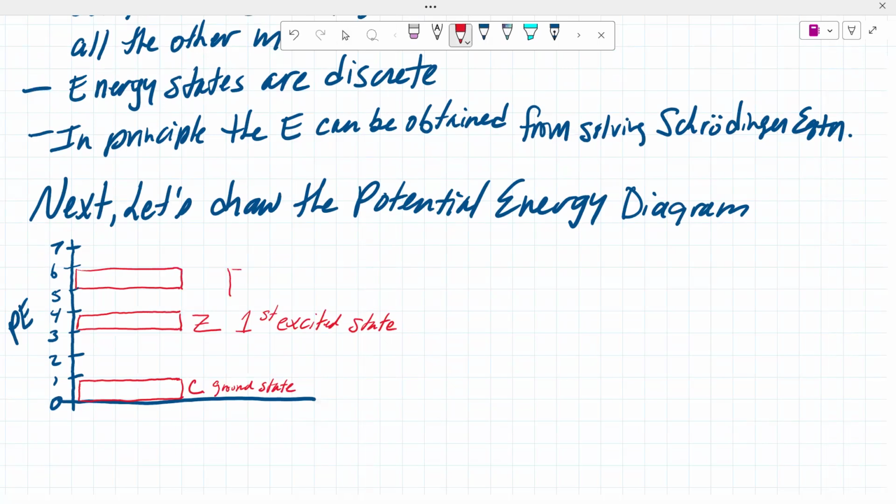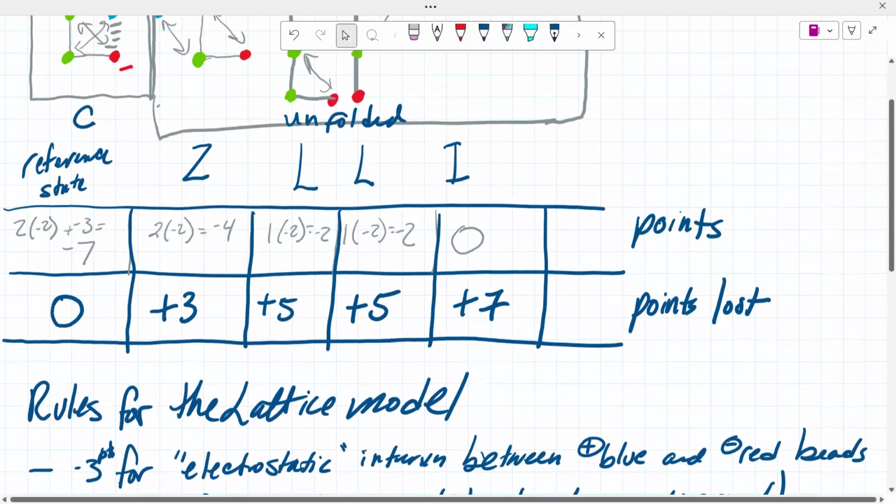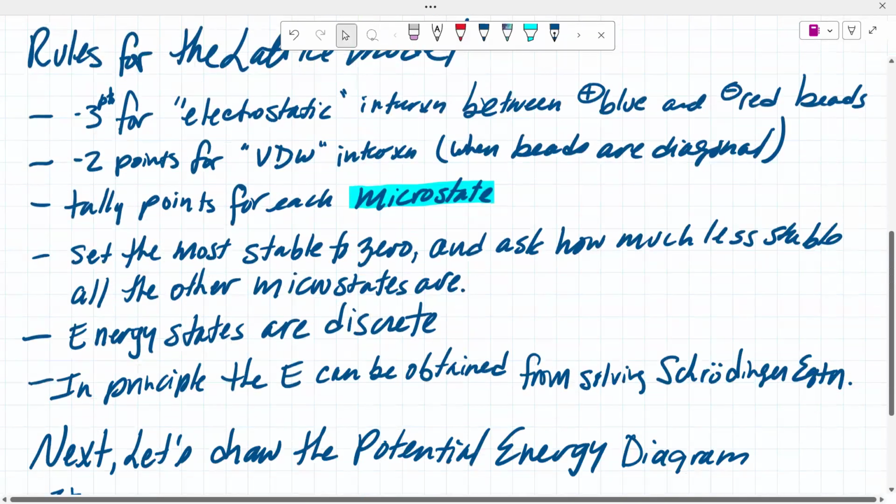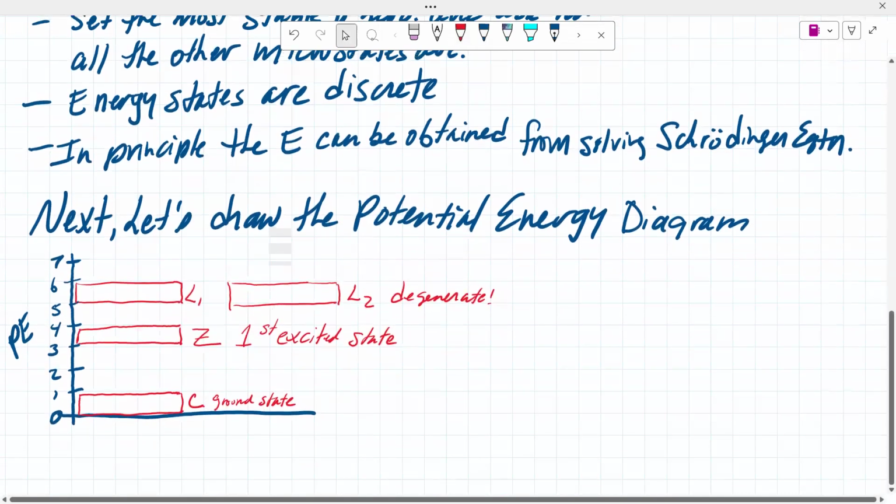This is the L1 peptide, and this is the L2. This is degenerate because there are two of them. And the final one is at +7, and we have one of them. This is the completely unfolded one.